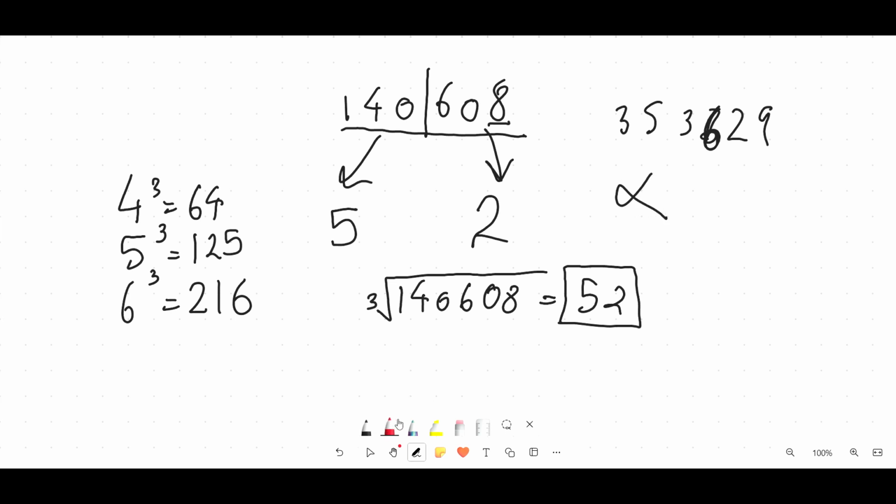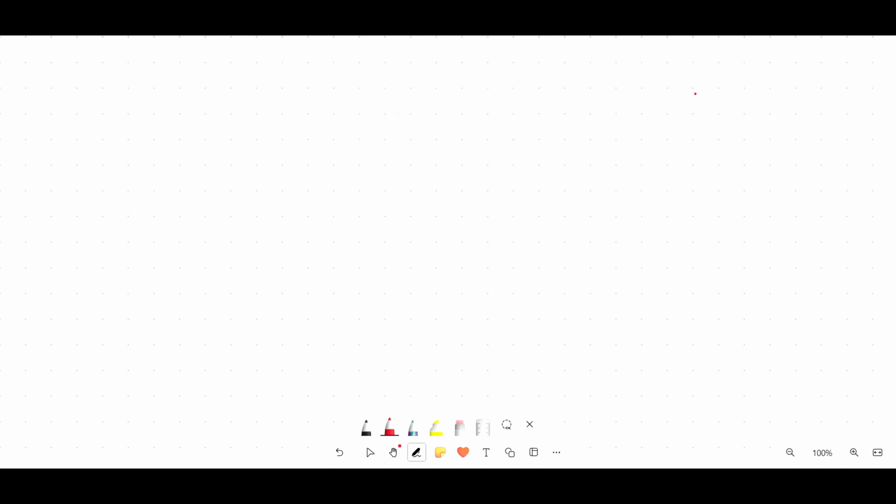In fact, you'll be far away from your answer. So try this technique only when you know that your answer is a perfect cube. I suppose this technique could work for decimals as well if you know that the decimal is placed in the right spot. Let me try something for decimals now.